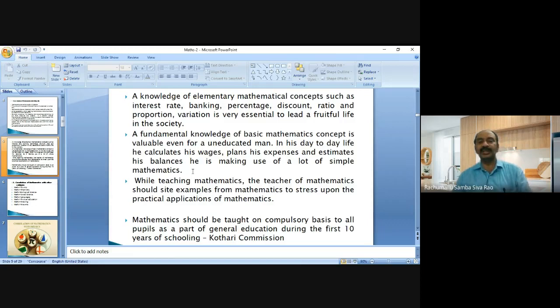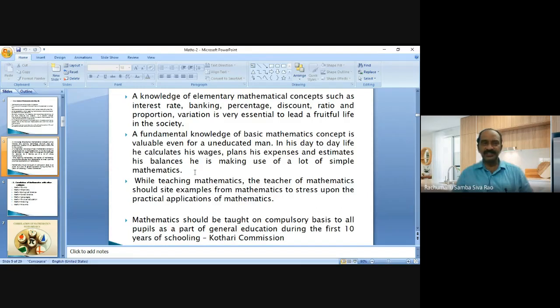Then automatically the student will recognize the importance of mathematics in his general life, and the role of mathematics in his life, or in the society, or in the education system.